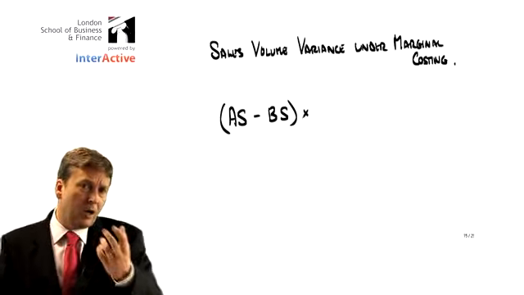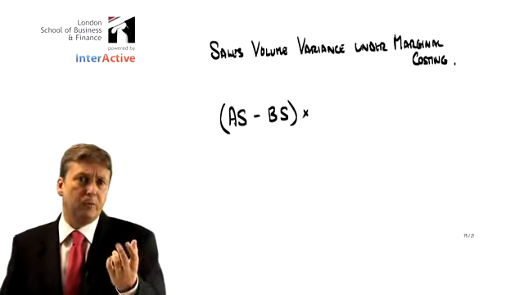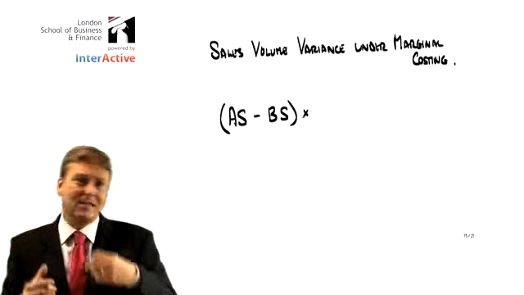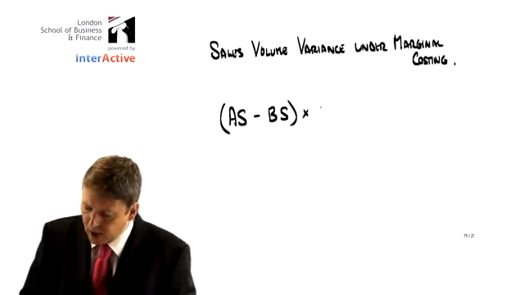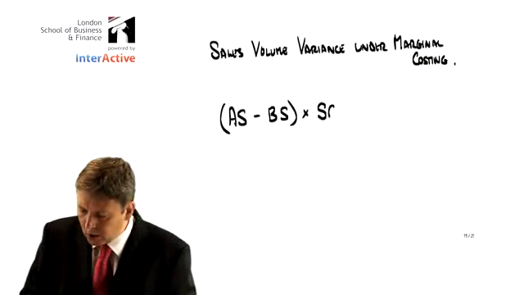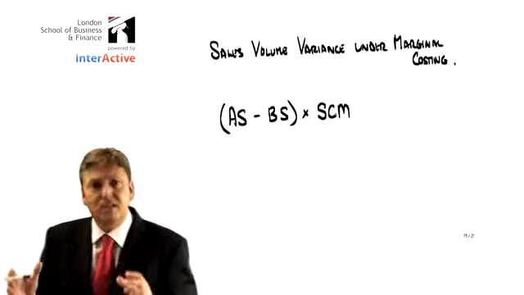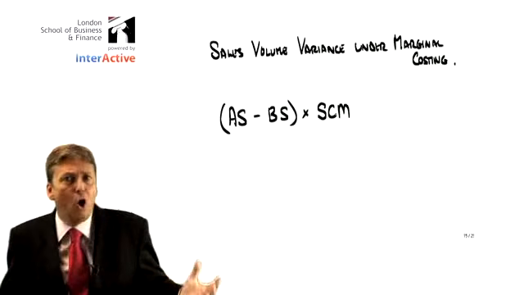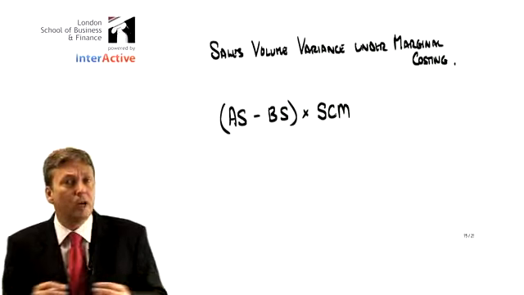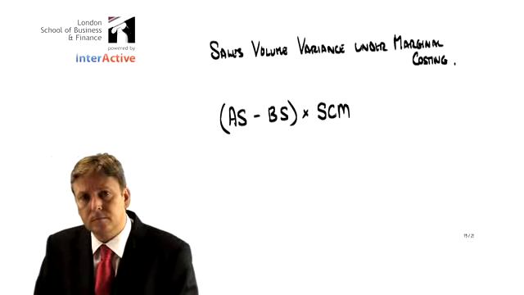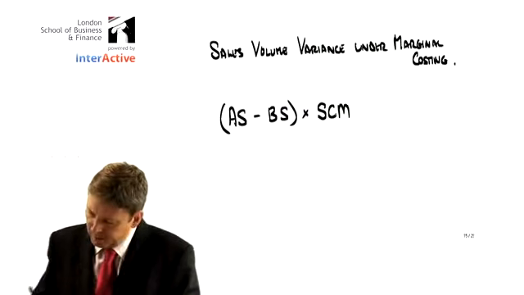Well, if you remember, under marginal costing, we value the product at variable cost. The difference between the selling price and the variable cost gives us our standard contribution margin. That's the big difference. That's the only thing we have to learn with regard to marginal costing when we're looking at variances.